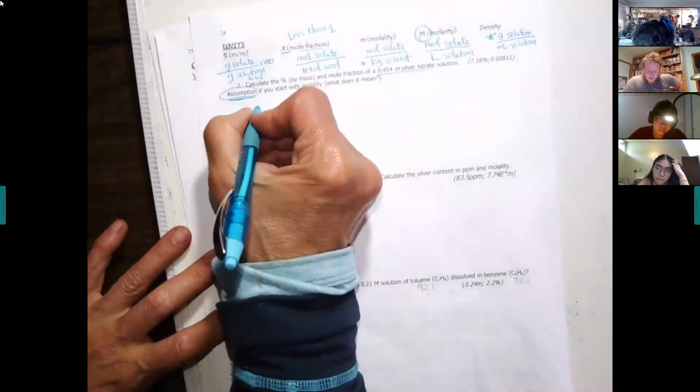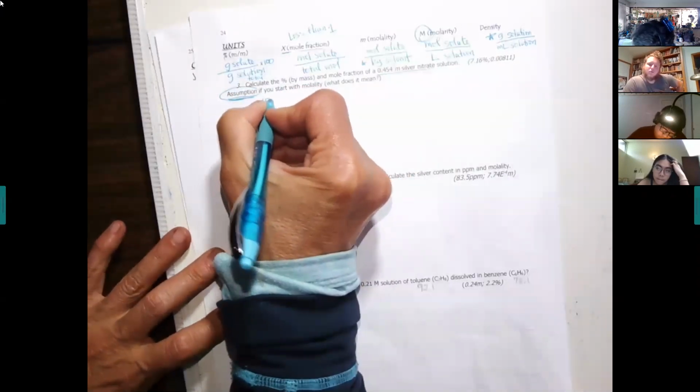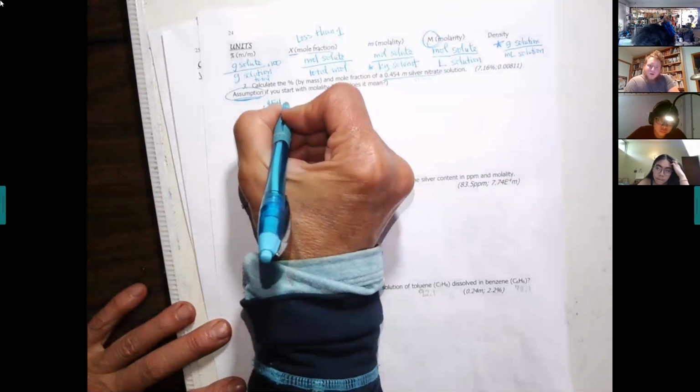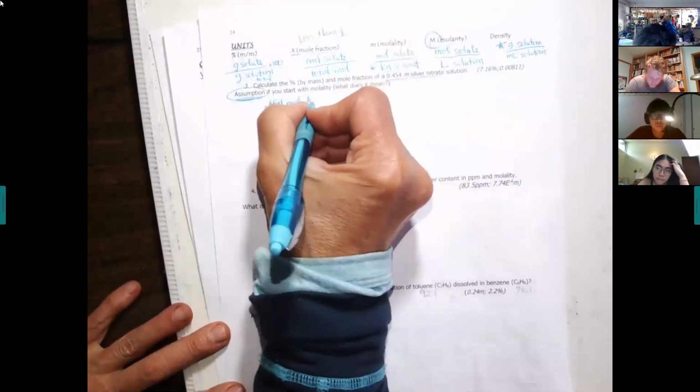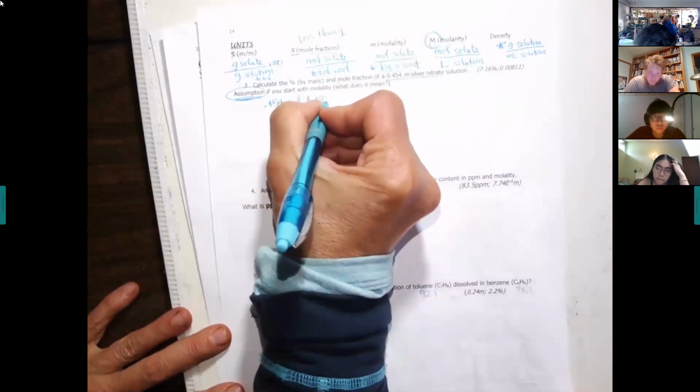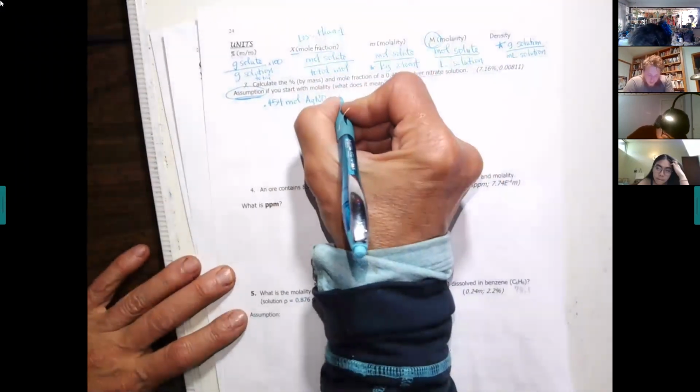And so we're going to start with an assumption. Our assumption is that we have 0.454 moles of silver nitrate, AgNO3. Don't know if anybody remembers that. Silver nitrate's really actually a cool topic. Now the key with an assumption is you say "and," you don't say slash.